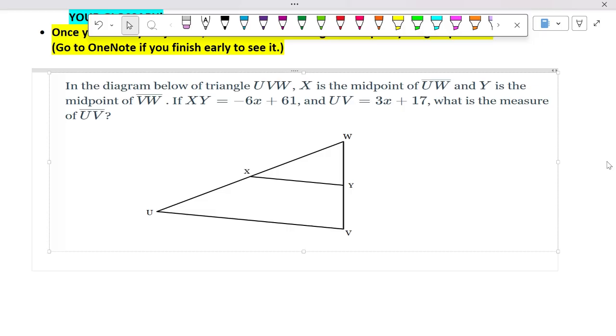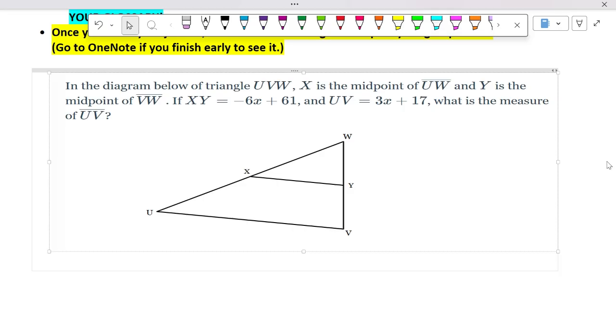The 2. The 2 where? You got to multiply this one by 2. Why? Right, it's half of the 3x plus 17, so that means 3x plus 17 is double this one. All right, so in other words, 2XY is equal to UV.